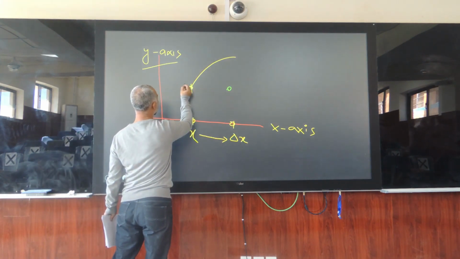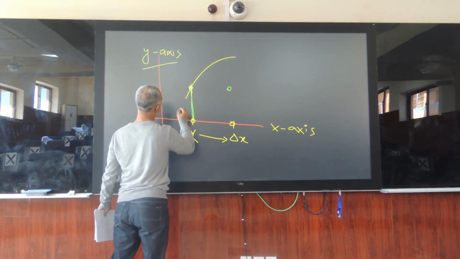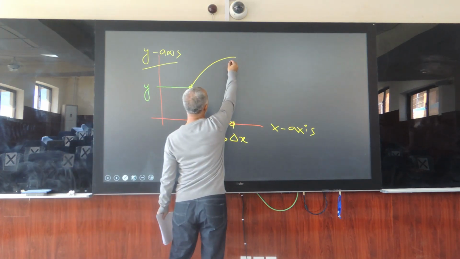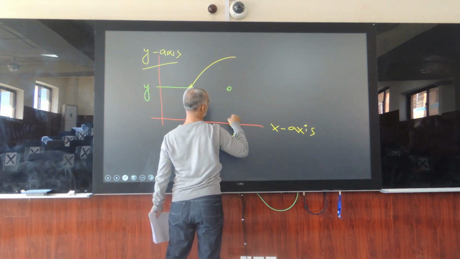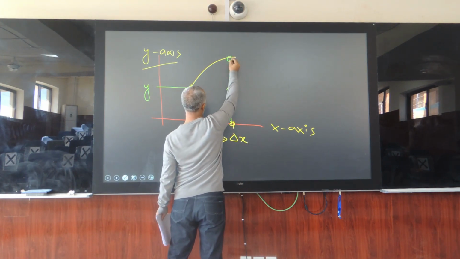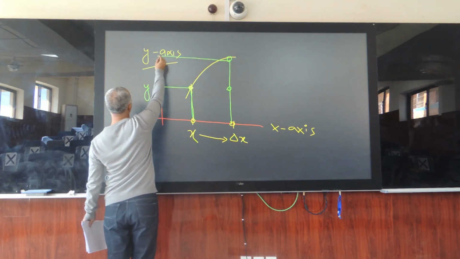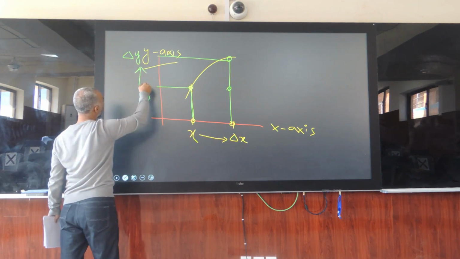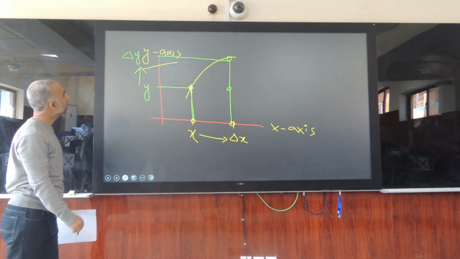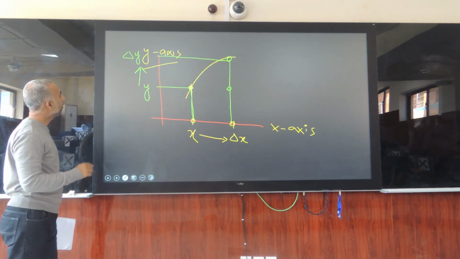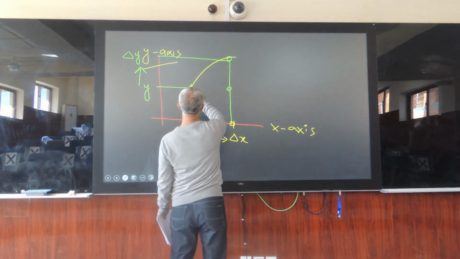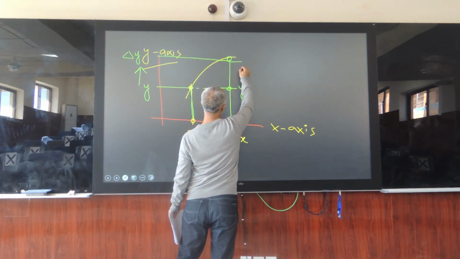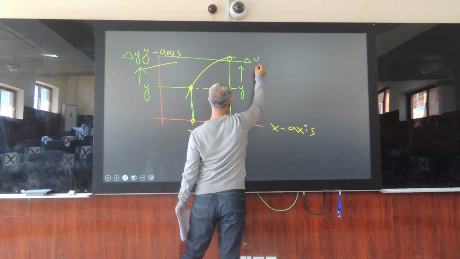This is the initial value on the y-axis, and this is the final value on the curve. So you can say the net change along the y-axis will become delta y. So in this graphical notation, from this point to this point is the delta y.